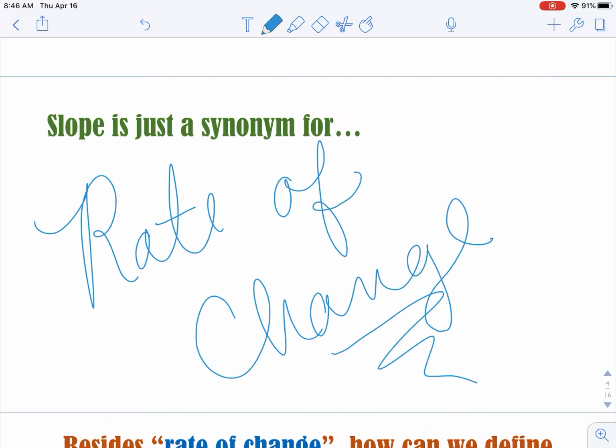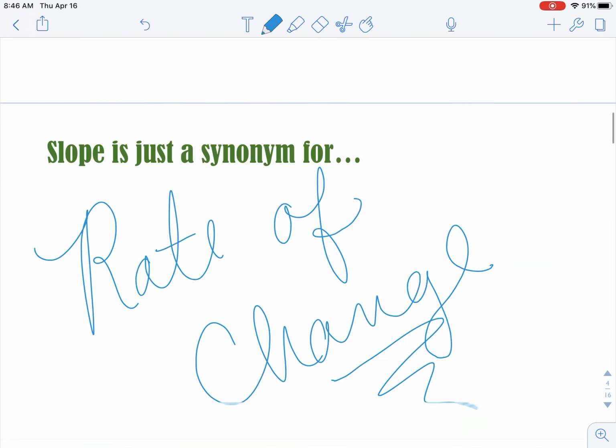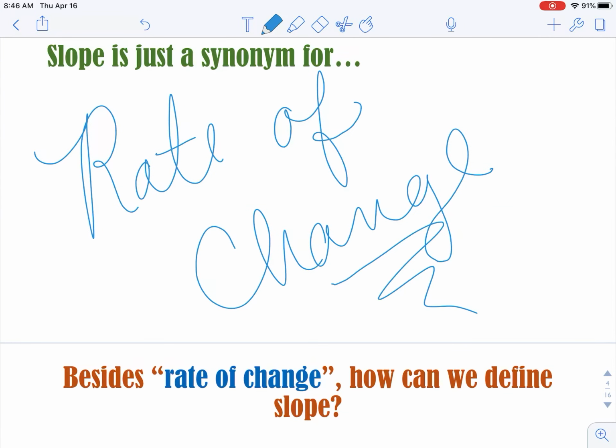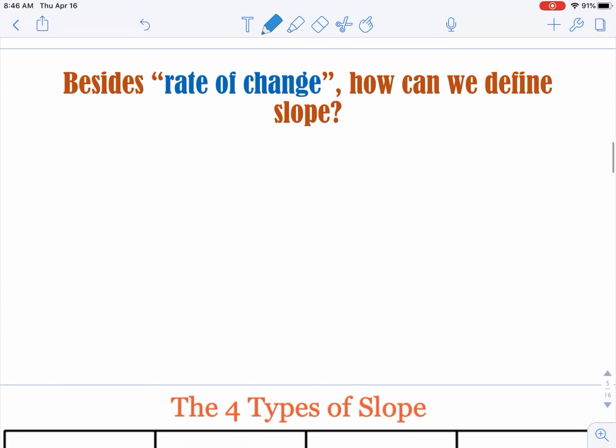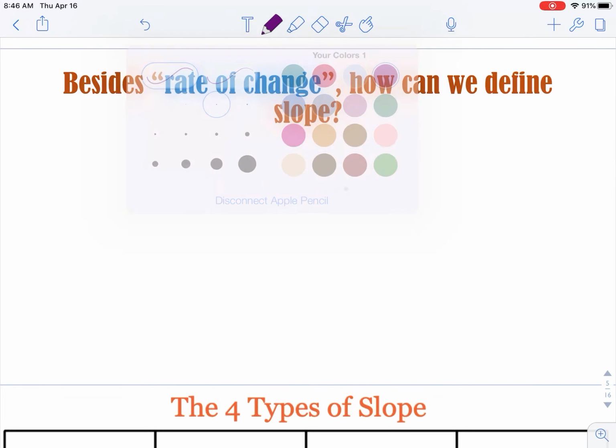These are the exact same thing. You found the rate of change in the summative, and you should have realized, oh my gosh, that is your slope. So what is another definition for slope besides rate of change?